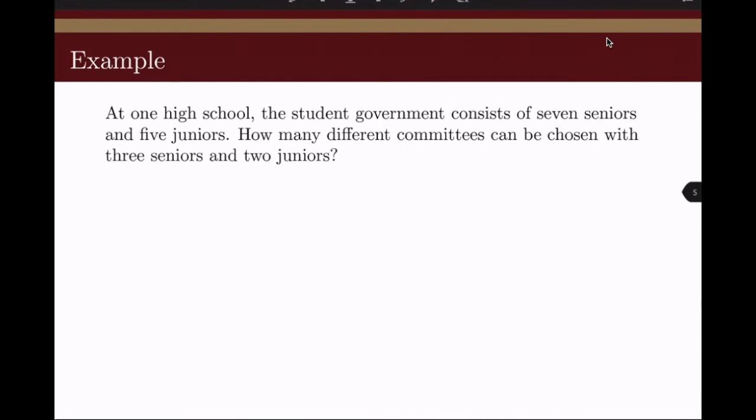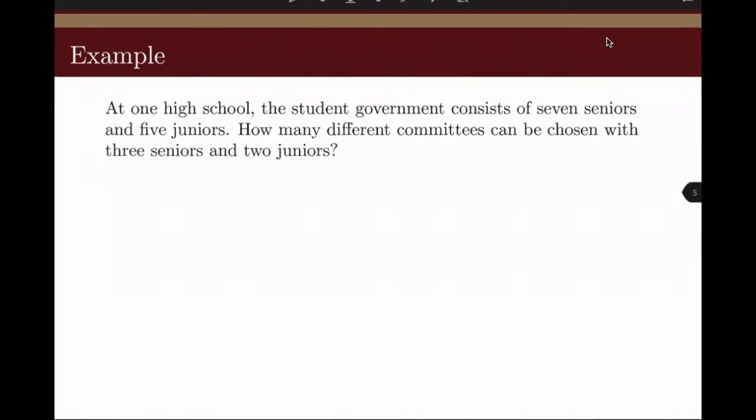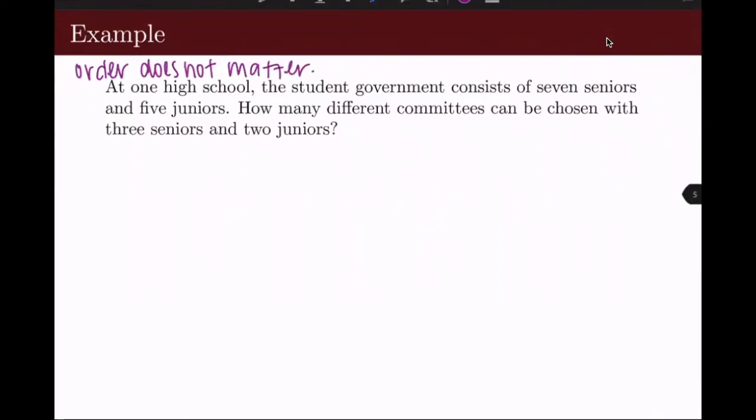We weren't told that order matters, so we know order doesn't matter. And we're also going to assume that no person can hold all 3 positions. So 1 senior cannot be 3 seniors, which means that we have no repetition.